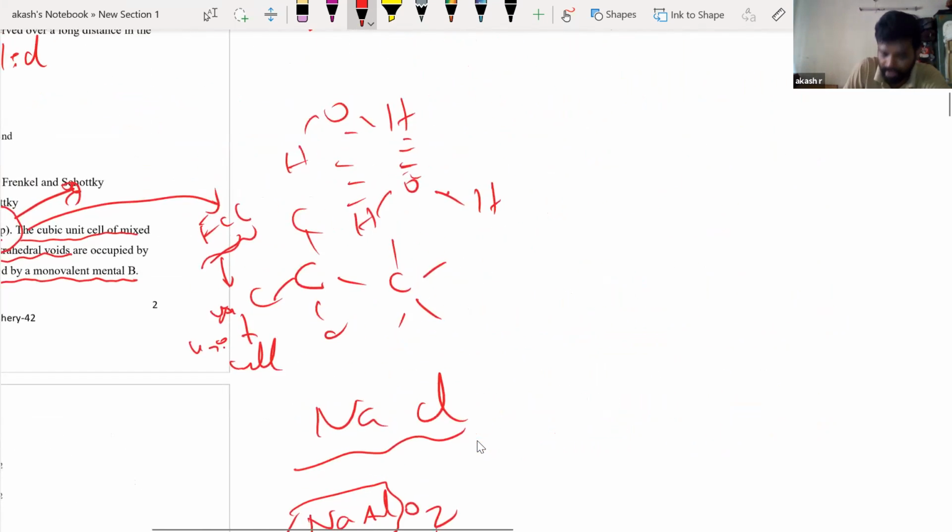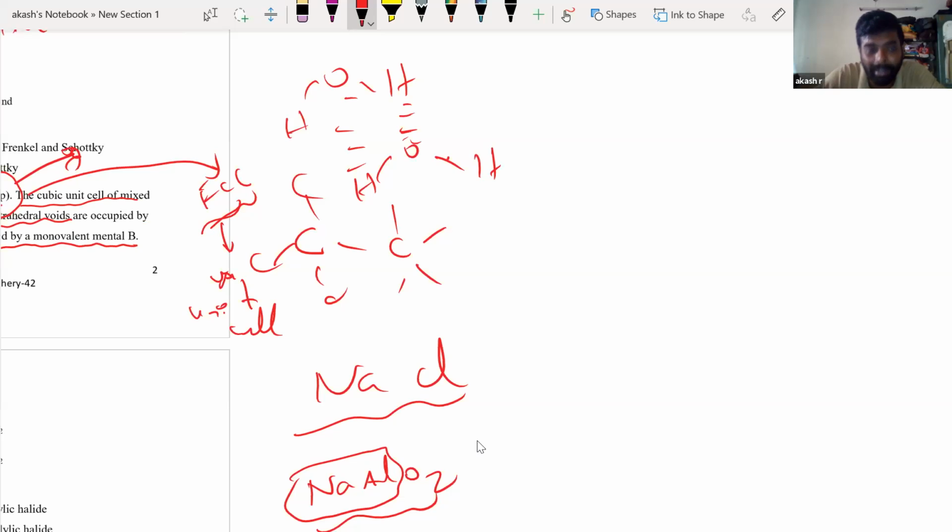Before we move on, you have to understand how many tetrahedral voids and how many octahedral voids will be there in a particular unit cell. Now, this is a shortcut formula which you can remember.